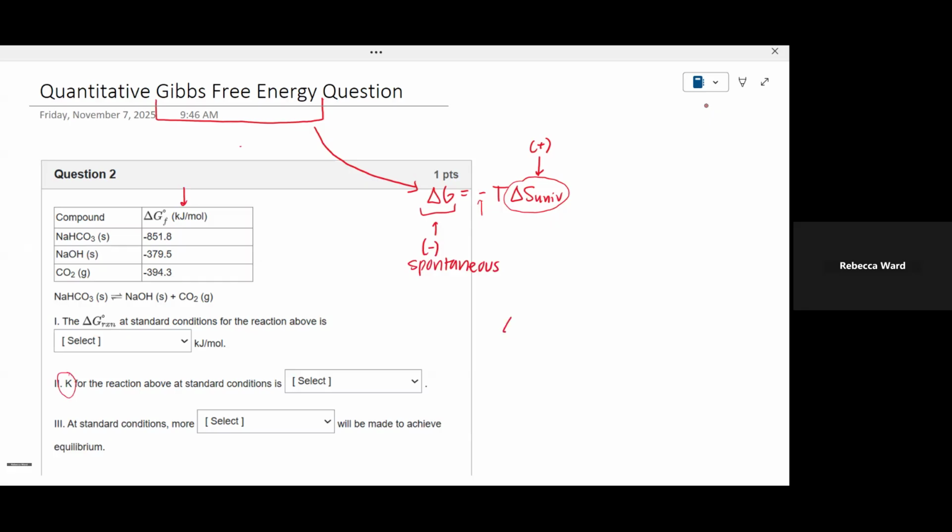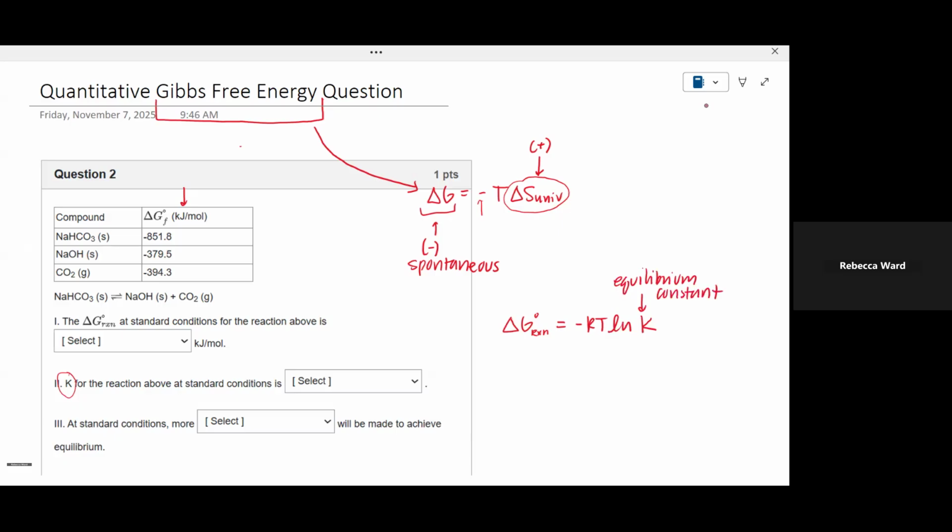So delta G standard of the reaction equals negative RT ln of K, K being our equilibrium constant.